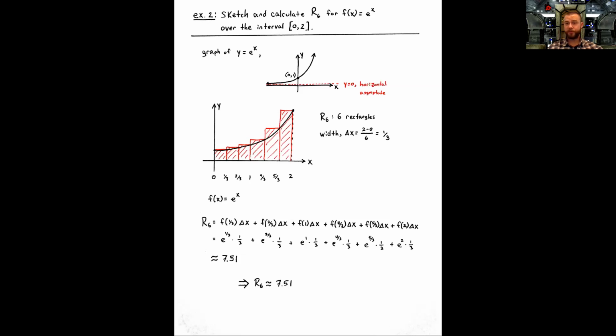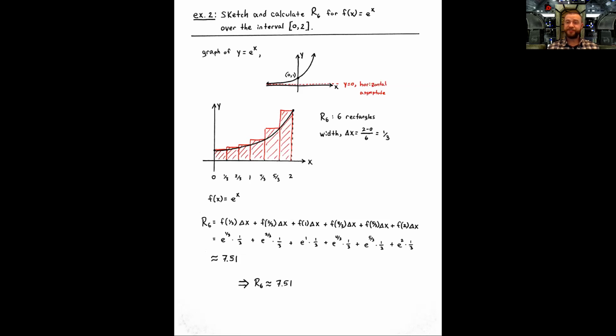All right, and since we're told to use the right endpoints, going in order, your first right endpoint is 1/3. Your last right endpoint would be 2. So we have 6 rectangles. We plug in all 6 right endpoints of each subinterval into the function, which is here e to the x. And we multiply each of those function values by our calculated width, delta x, which is 1/3.